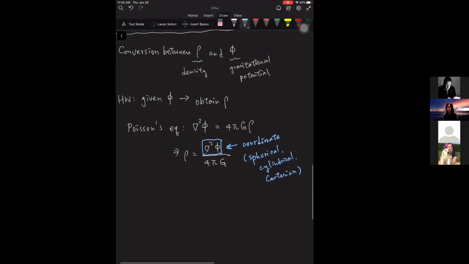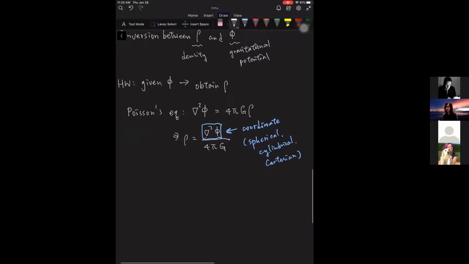Okay, I will not do this in detail since this is your homework problem, but I hope this can help in approaching the problem.